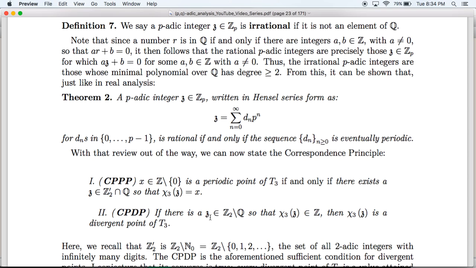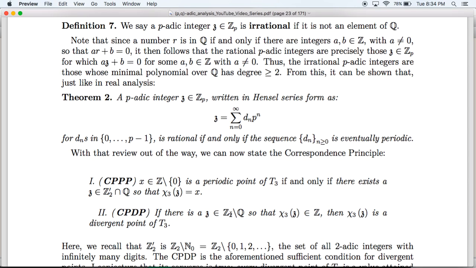Now we have the CP-DP. If there is an irrational 2-adic integer z such that chi_3 of z is a rational integer, then chi_3 of z is a divergent point of T_3. The converse then is the assertion that every divergent point of T_3 is an integer value attained by chi_3 over the irrationals.